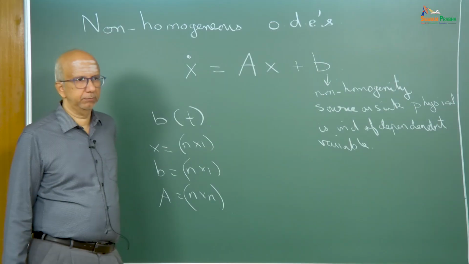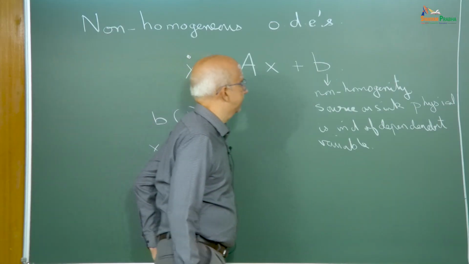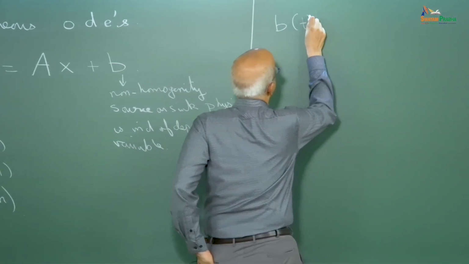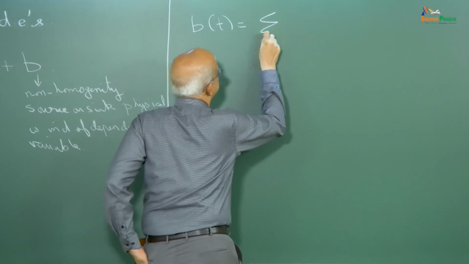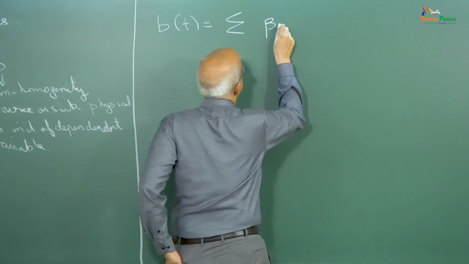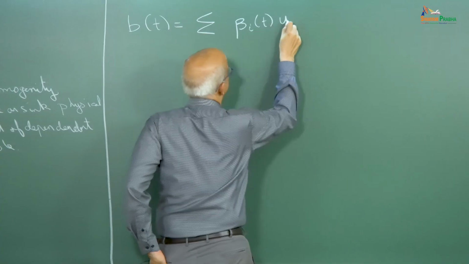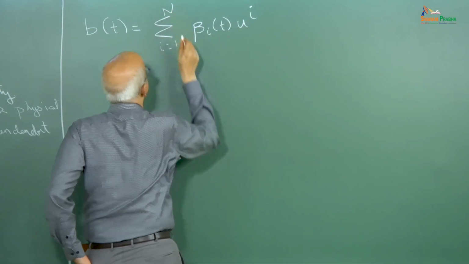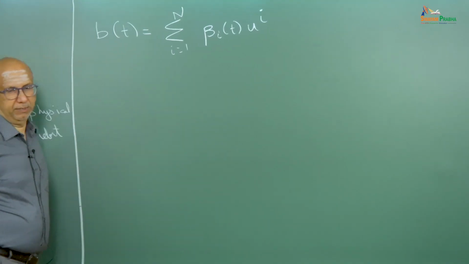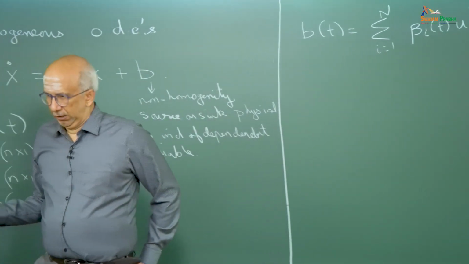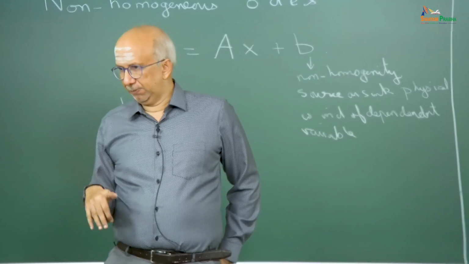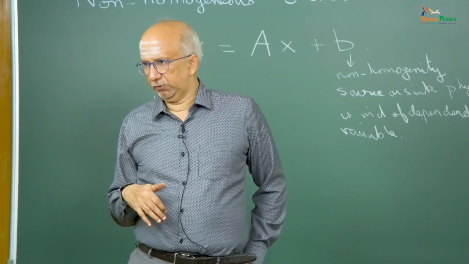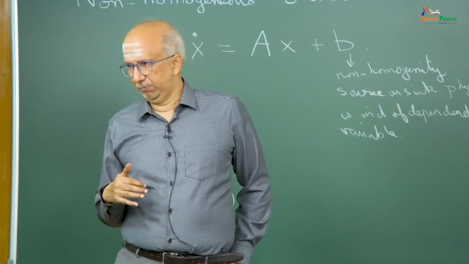So, what we do is the same thing, which is write b of t in terms of the eigenbasis u_i, with coefficients beta_i. And this you know how to find the beta_i. If A is self-adjoint, take the inner product with u_i. If A is not self-adjoint, take the inner product with v_j bar, like we did before, okay.